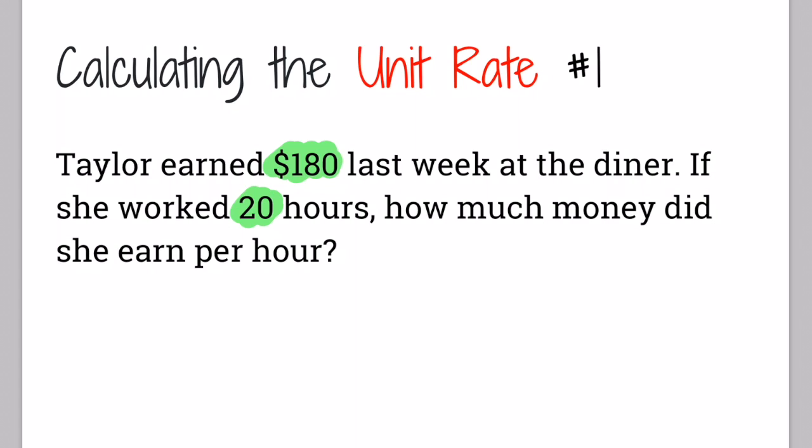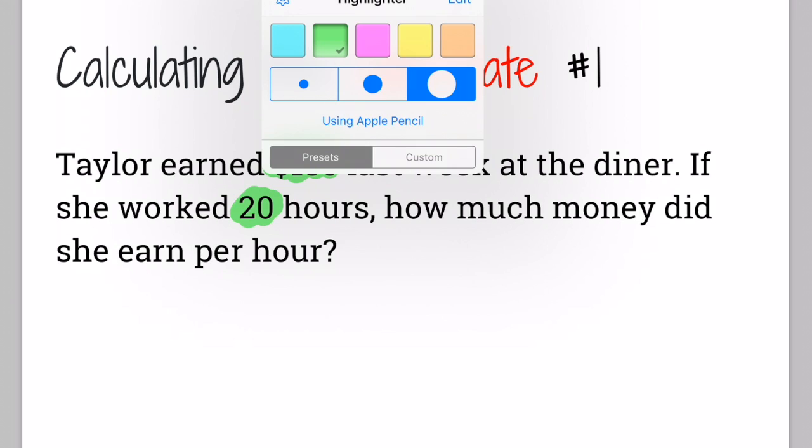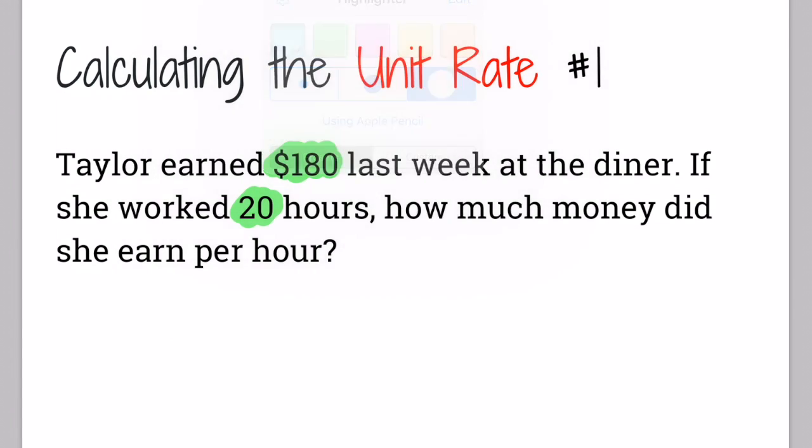Now we're not talking about comparing apples to apples. We're talking about comparing, and that's metaphorical anyway, apples to oranges, comparing money to hours. But what we're looking at here is we were looking for what's the rate per hour. This is the rate.